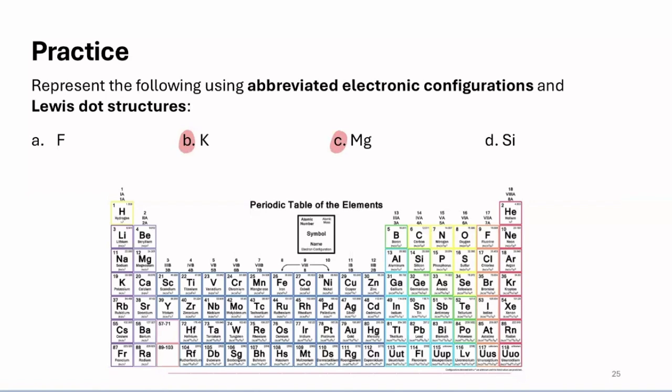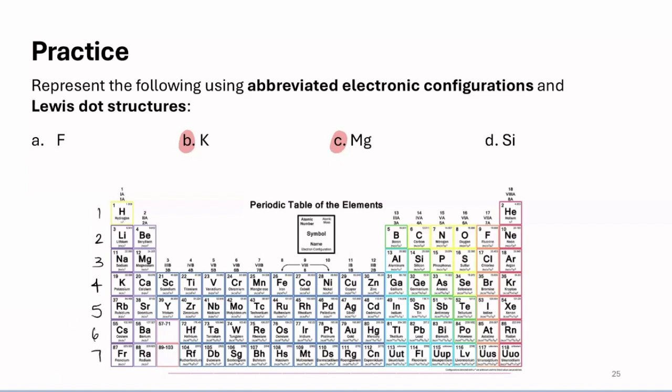Let's start with potassium. If I look at the noble gas configuration for potassium, because potassium lives here, and let me write in the periods. This is period 1, period 2, 3, 4, 5, 6, and 7.